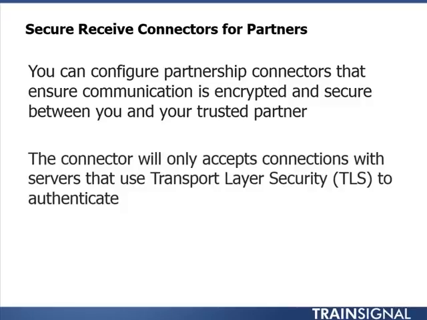The connectors that you establish in the case of a partnership will only accept connections with servers that use transport layer security in order to authenticate. These are not all that difficult to configure, and it gives you the ability to ensure that you have the exact level of security that you want between you and your partner organization.